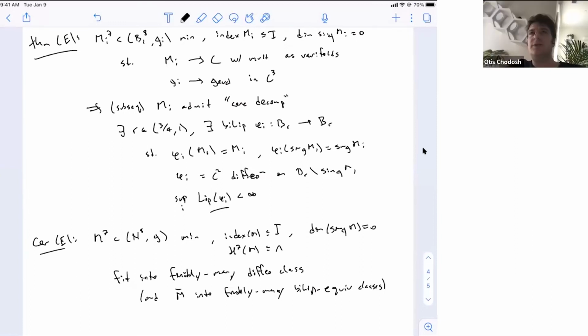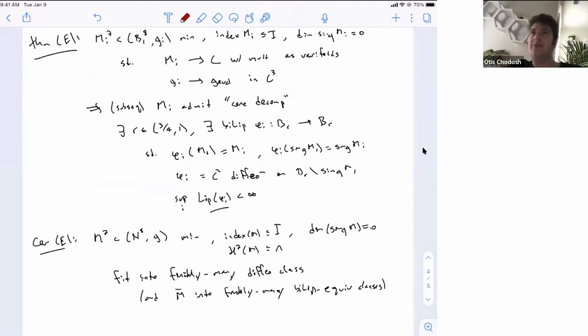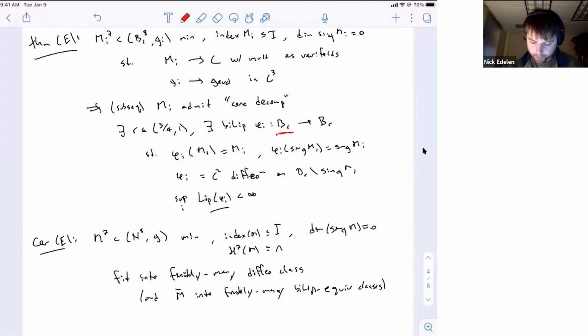What I'm asking about is the statement of your theorem: you have your M_i, and after you pass to a subsequence, all the M_i are diffeomorphic to each other, or bi-Lipschitz to each other. And those maps are not defined just on the submanifold? No, they're defined on the ambient ball.